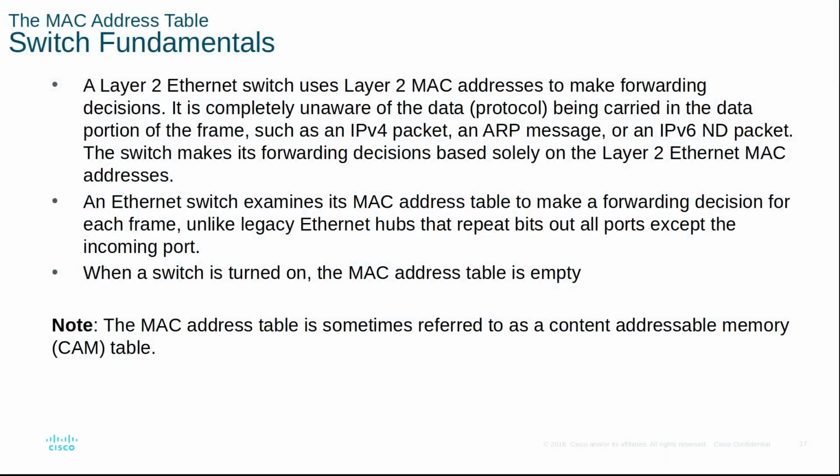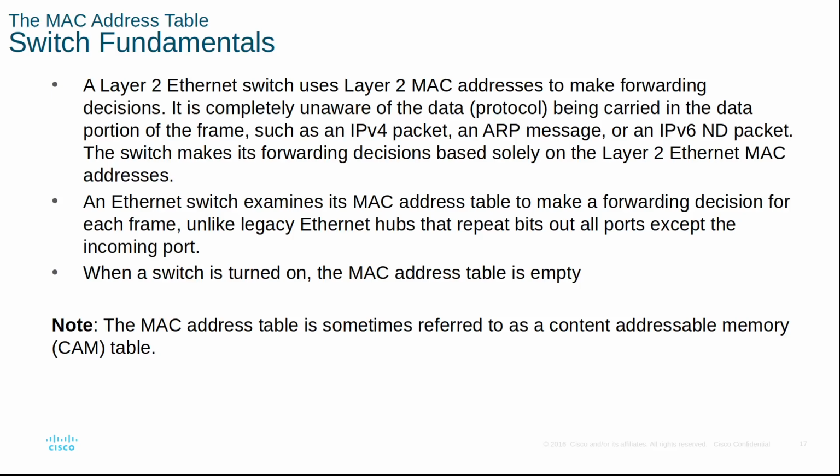Now we're going to look at the MAC address table. Any layer 2 Ethernet switch uses MAC addresses at layer 2 to make forwarding decisions. It doesn't know about the other protocol that's being carried in the packet, and it doesn't care. It just makes decisions based on its MAC address table.